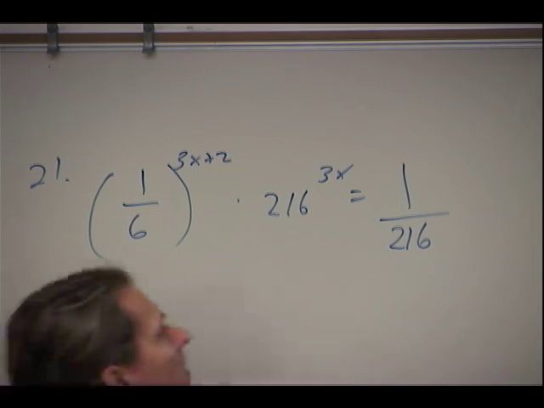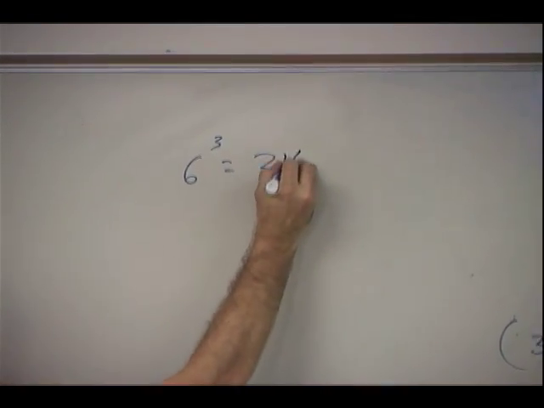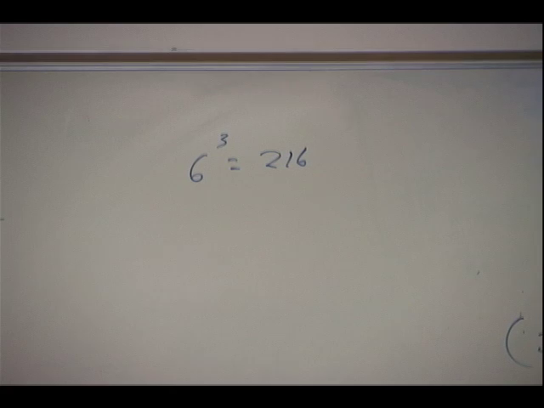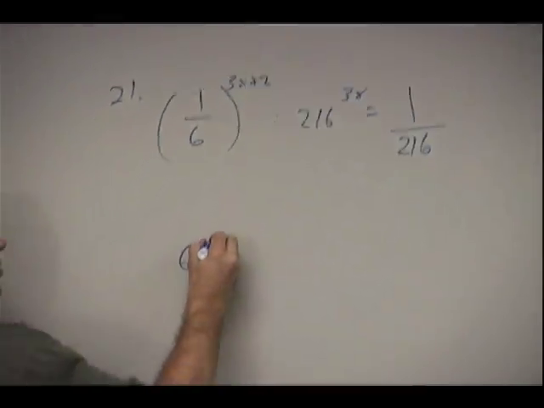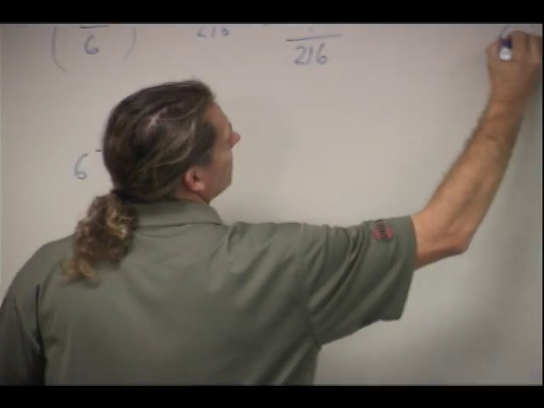Okay, well, let's see. 6 sounds good to me. What is 6 to the third power equal? Okay, so you figured that out using a calculator, right? All right, so what I have here is 6 to the negative 1. What is 6 to the negative 1 equal to?